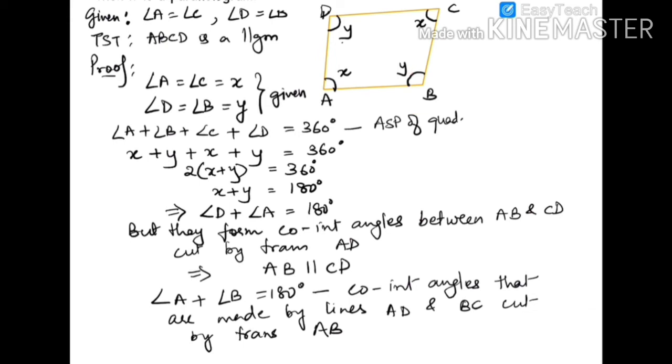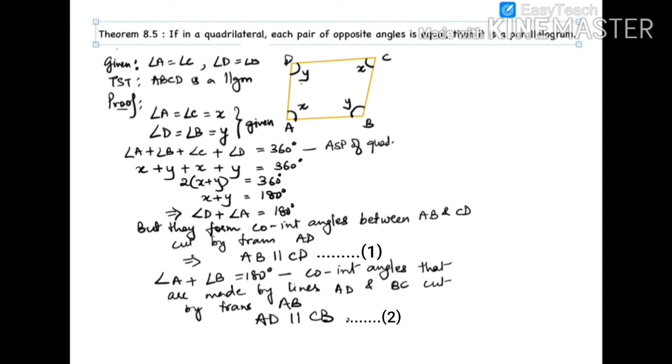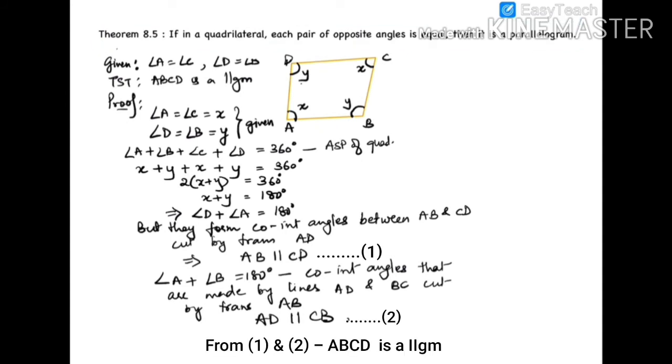So they form co-interior angles where AB is the transversal. So we can say that AD is parallel to CB. Since we have proved opposite sides of this quadrilateral parallel, ABCD is a parallelogram.